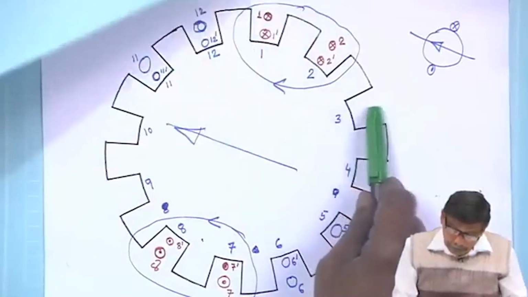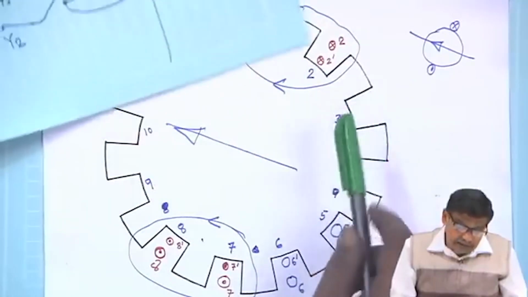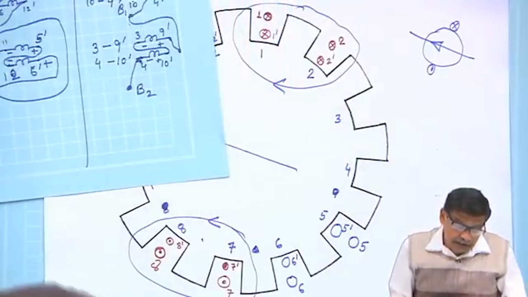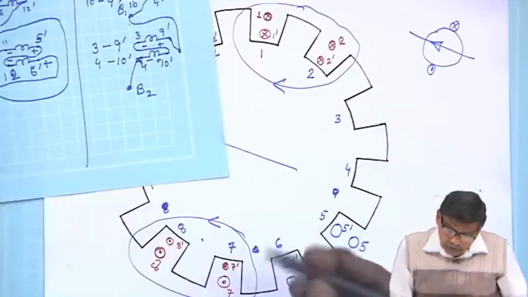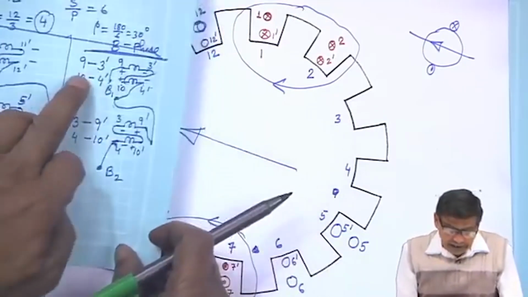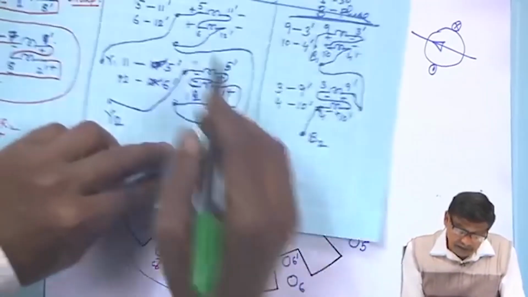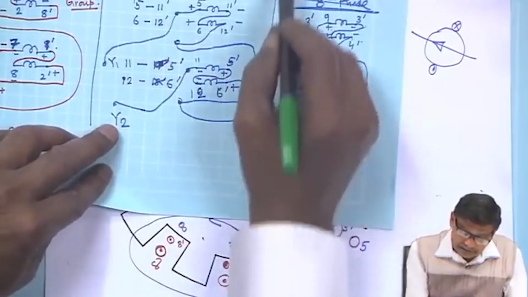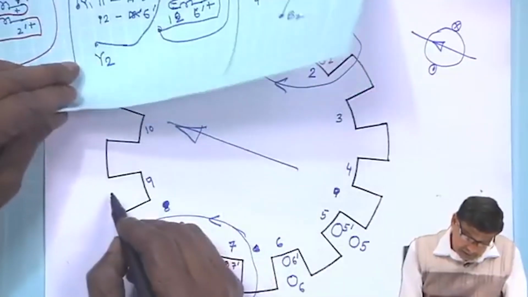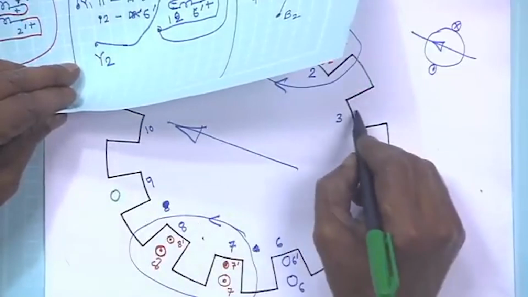So, let me put the coil sides in for the B phase. B phase, you see, is 9 3 dashed. Where is 9? This column, 9 3 dashed. So, 9 and 3 dashed.